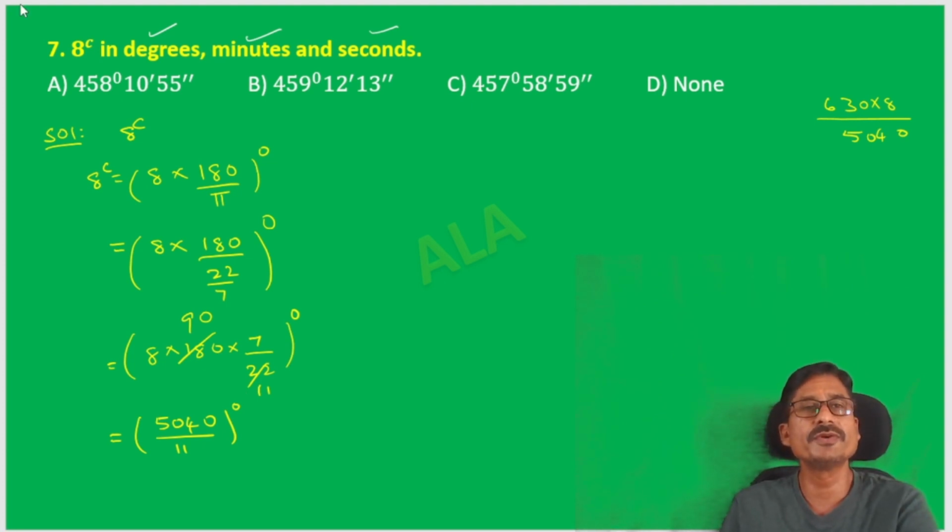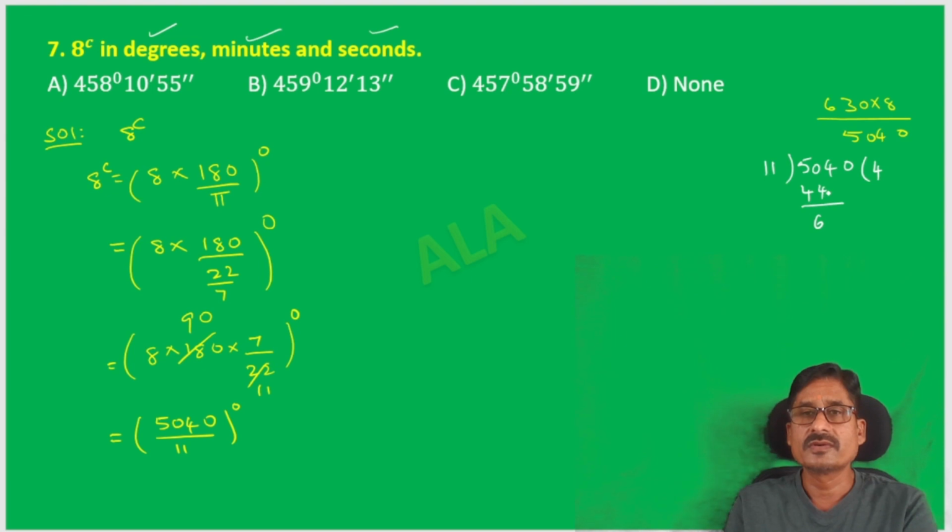In a division what we do? 5040 divided by 11. Each stage we write the fraction. 11 fours 44. What is the remainder? 6.